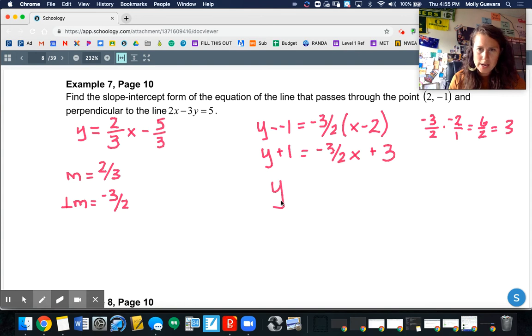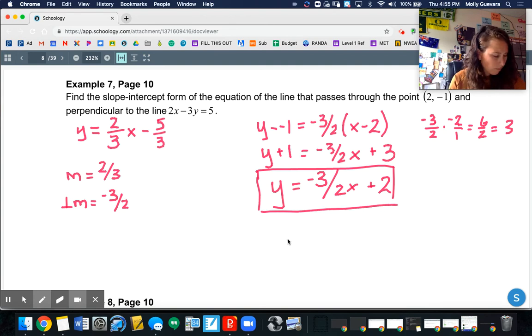So y is equal to negative 3 over 2 x plus 2. And there it is. Sound good? Yeah? Okay. So there isn't a U-try for this one.